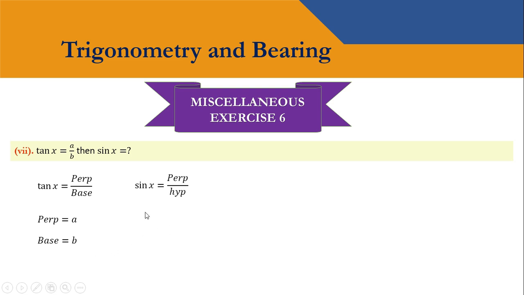And we also know that sine of x is equal to perpendicular divided by hypotenuse. We don't have the value of hypotenuse, but we have the two sides of the right triangle, perpendicular and base. So by using the Pythagoras theorem, we can calculate the hypotenuse. Hypotenuse square is equal to perpendicular square plus base square.